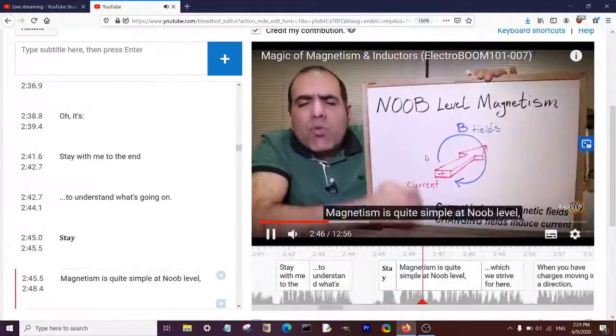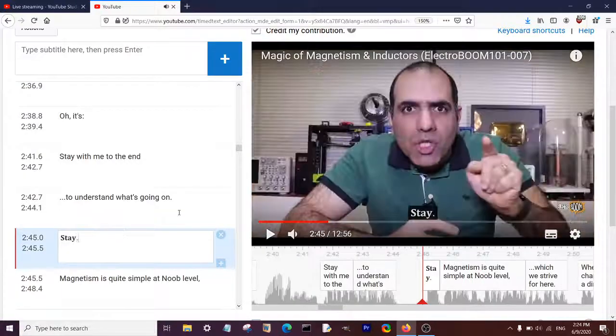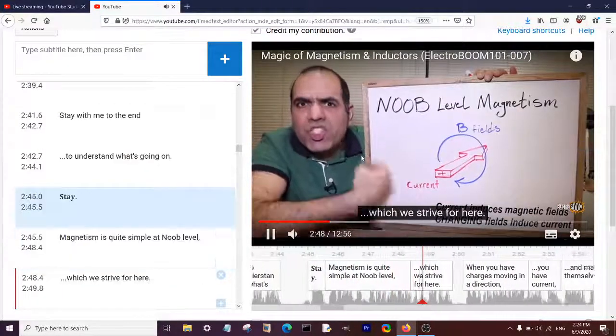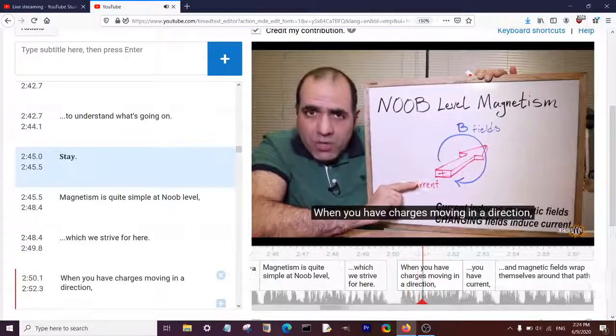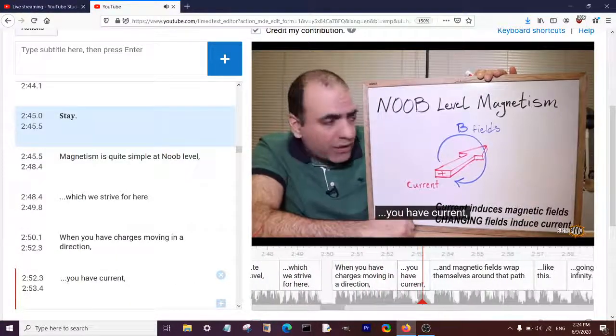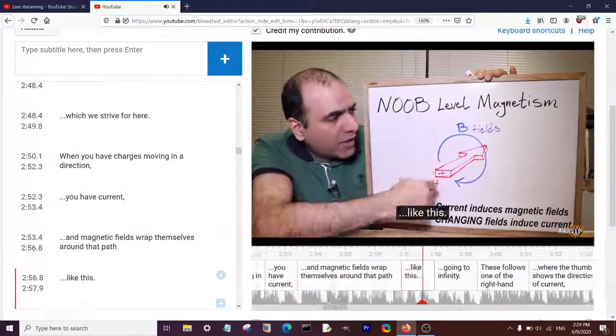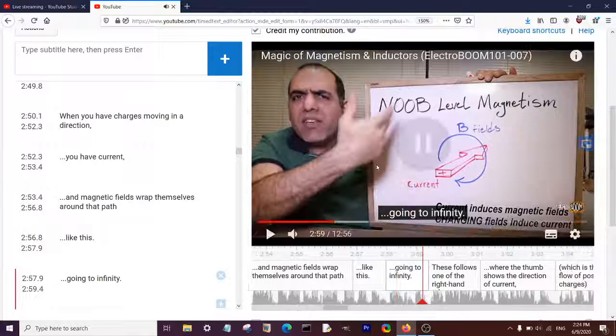Magnetism is quite simple at noob level, which we strive for here. When you have charges moving in a direction, you have current, and magnetic fields wrap themselves around that path like this, going to infinity.